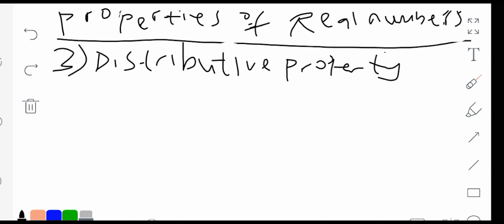This is what the distributive property says. For three numbers which are m, n, r, let's say they are real numbers. These three are all real.